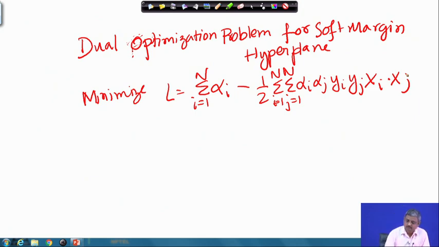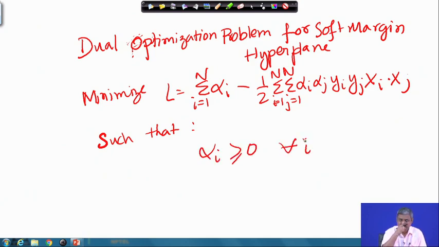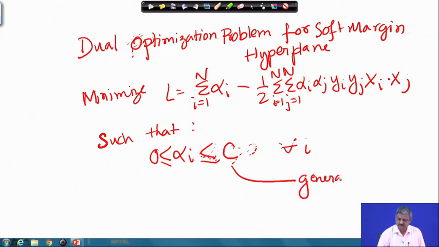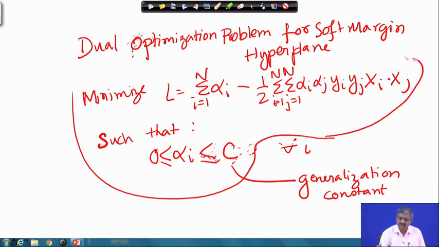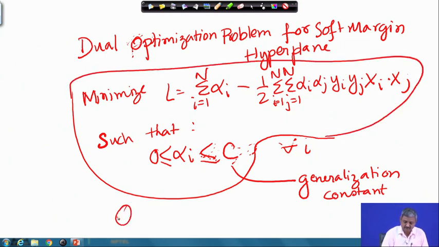Same, only the constraint changes. Earlier we had the constraint alpha i greater than or equal to 0 for all i. Now we have the constraint alpha i greater than or equal to 0 and less than or equal to C, the generalization constant, for all i. Solve it in the same way as earlier, by quadratic programming.